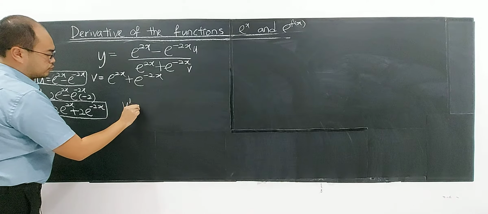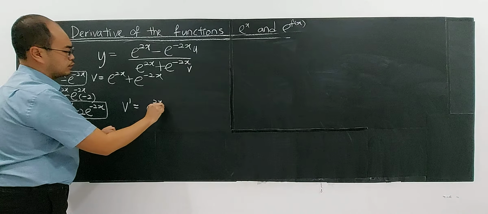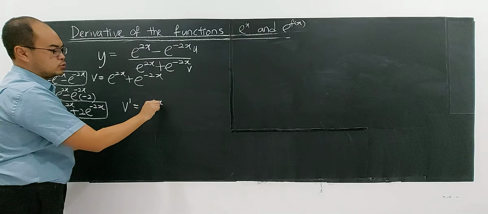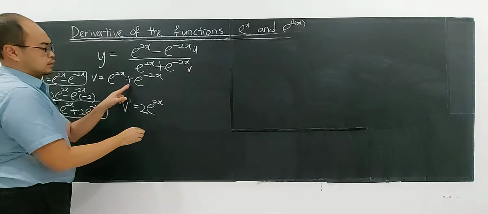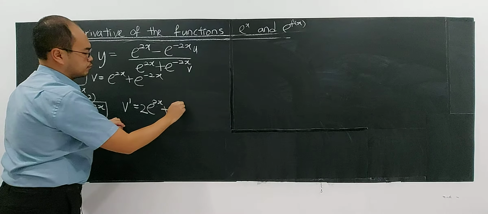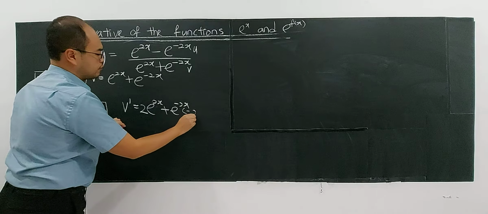Differentiate e^(2x): copy back, differentiate 2x, you have 2. So I can put in here 2. This one also, copy back the whole thing, e to the power of negative 2x, then differentiate the power, you have negative 2.